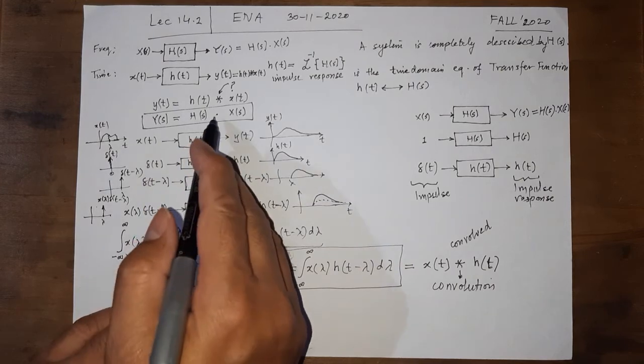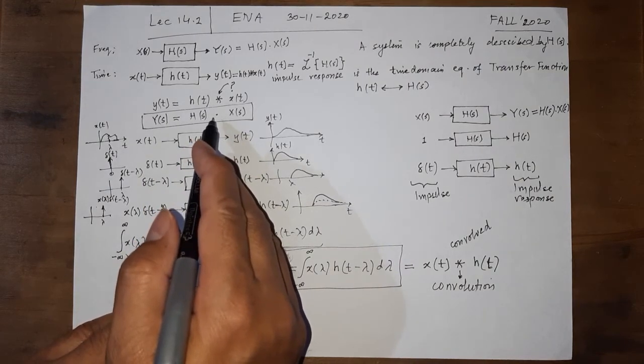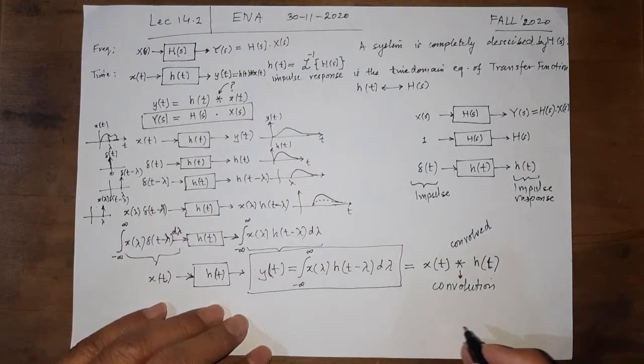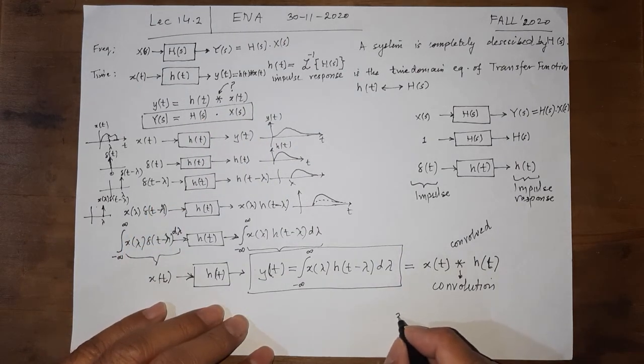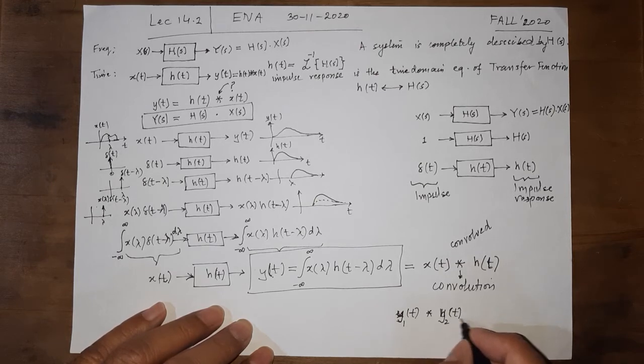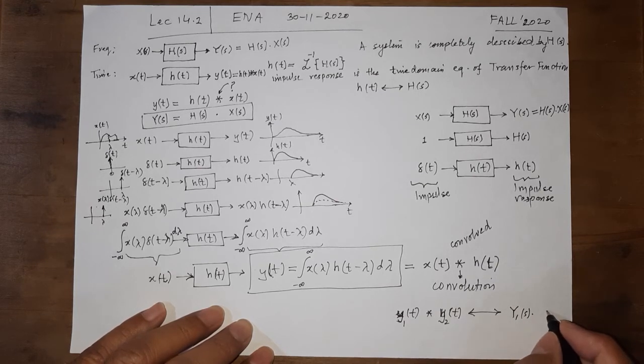So in the frequency domain, when there is a product, in the time domain there is convolution. So we can write this whole thing as the convolution in the time domain between two functions. In the general way, let us say y1 of t is one function and y2 of t is another function. Then the Laplace transform of their convolution would be Y1 of s times Y2 of s.